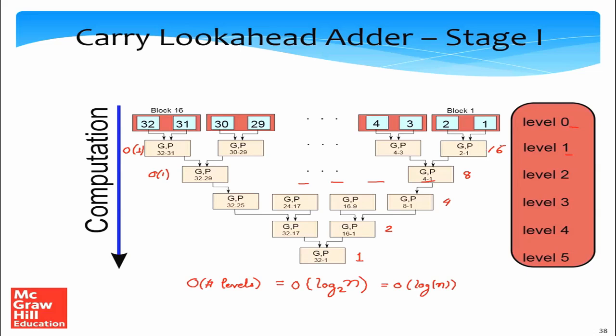One AND for the propagate and one OR and one AND for the generate, and we have order of log n levels. So the total time it will take is order of log n, and we will have essentially a tree of GP functions, like an inverted triangle, with GNP functions for different ranges of bits. So the question is, we need to use it to actually do our addition.